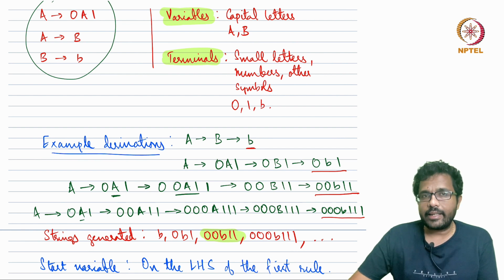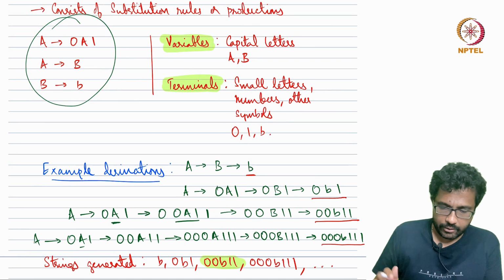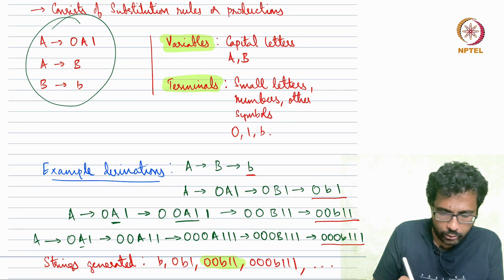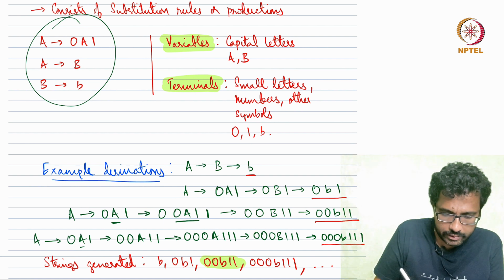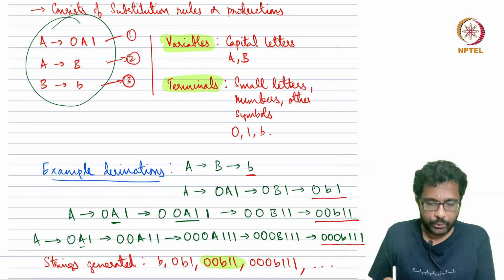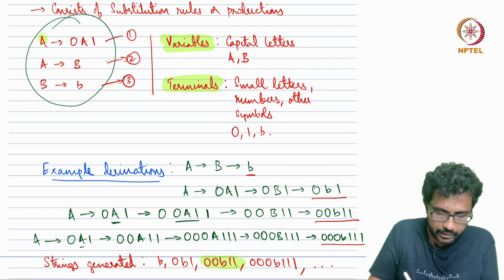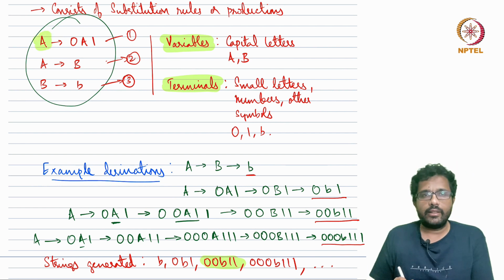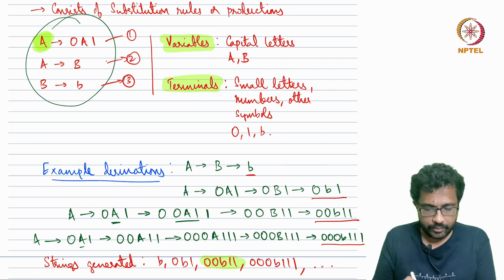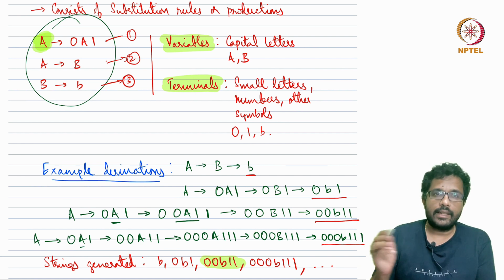To get a string, we need to start with A. Why A? I will tell you very soon. I have written three rules here: this is rule number 1, this is rule number 2, and this is rule number 3. Look at the first rule and see which variable is replaced. It is A, the variable on the left side of the rule.